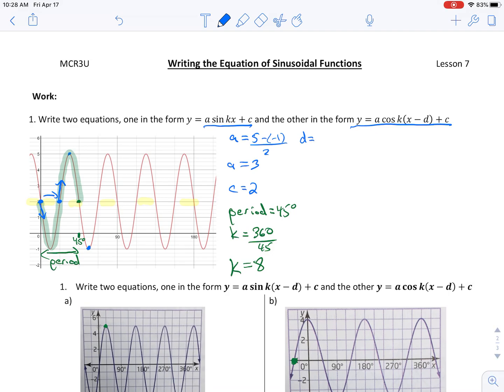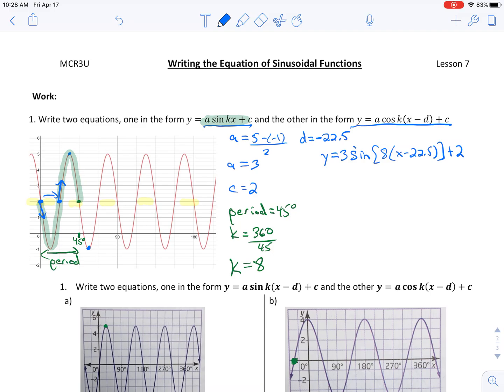So I do have a D value if I consider it like that, where my D would be half of 45, which is 22.5. And I'm going right, so it's actually negative. So one version of your equation could be this: 3 sin 8(x - 22.5) + 2.